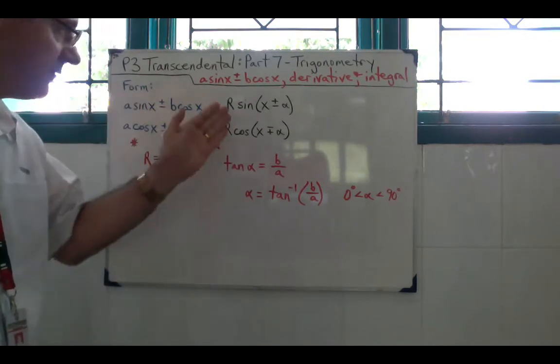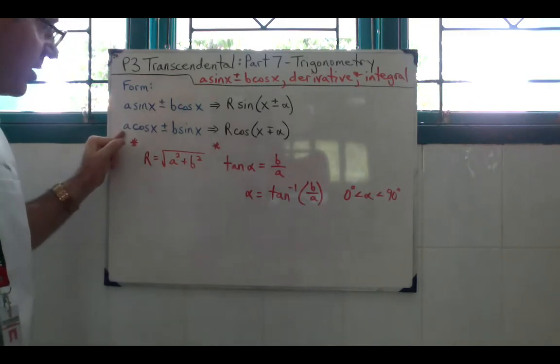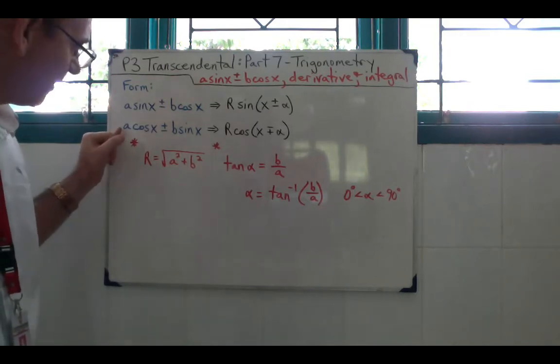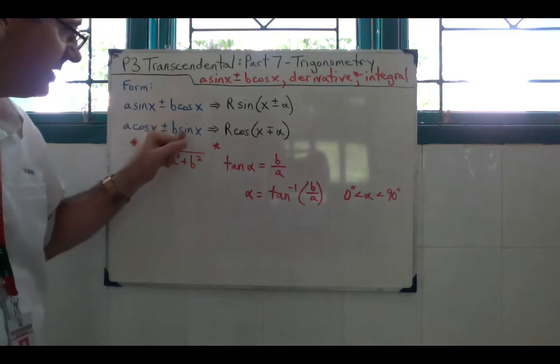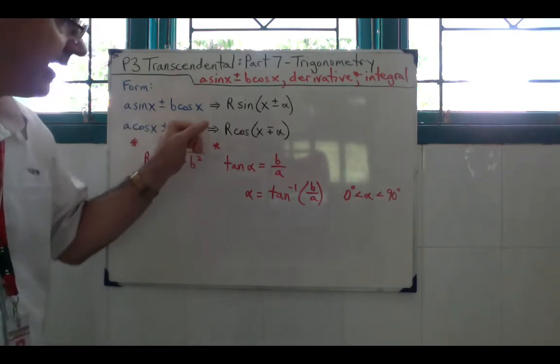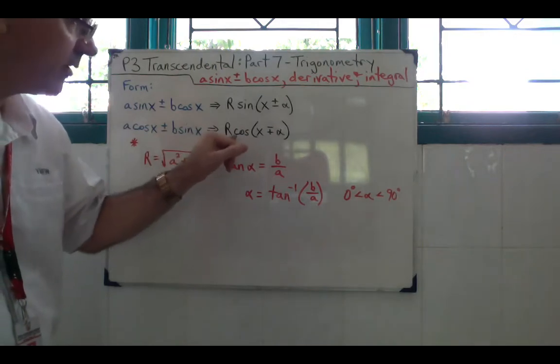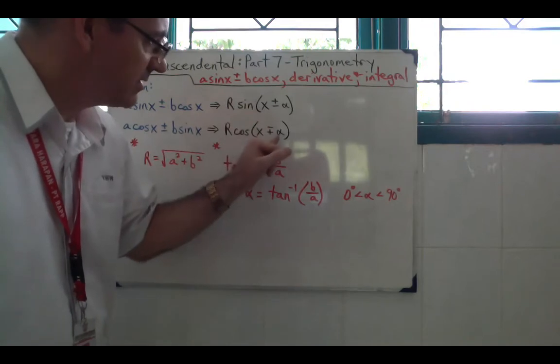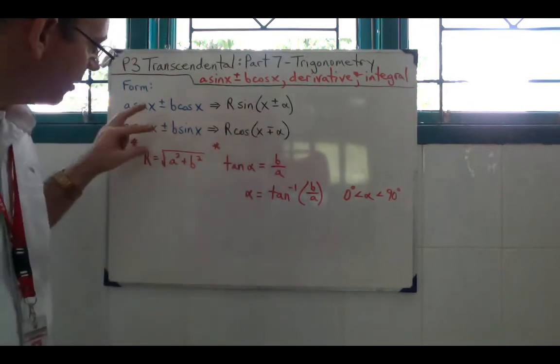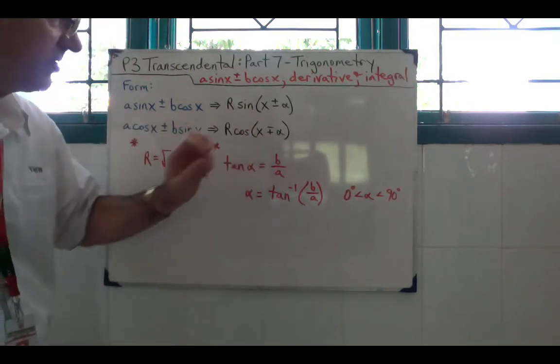Also, and very similar, if the cosine comes first, then you have a cosine x plus or minus b sine x, and that can be converted into r cosine parentheses x minus or plus alpha. So notice your plus and minus get switched over here.